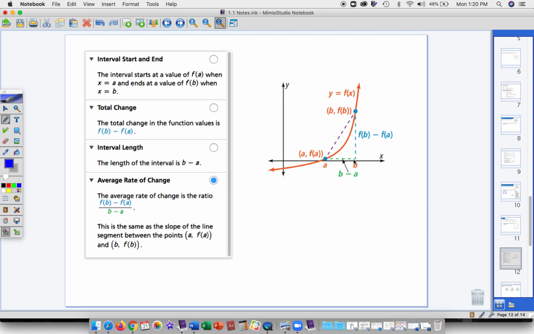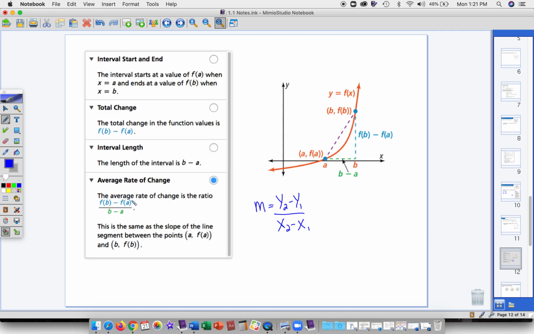For average rate of change, we basically use our slope formula and calculate the slope. Remember, slope in general is x2 minus x1. I'm sorry, y2 minus y1 over x2 minus x1. And that's what you see here.